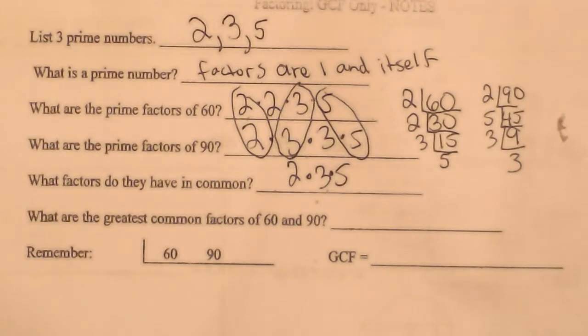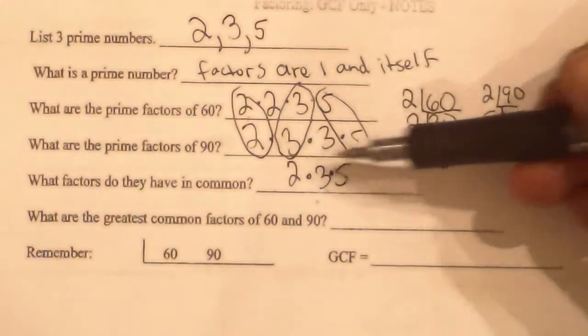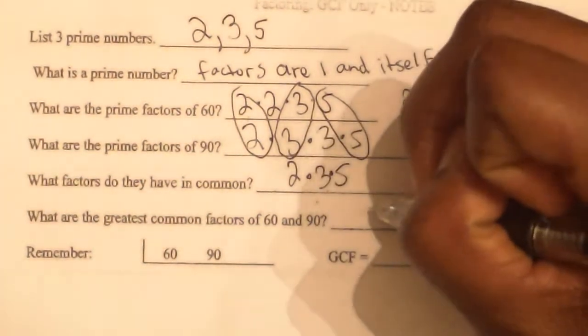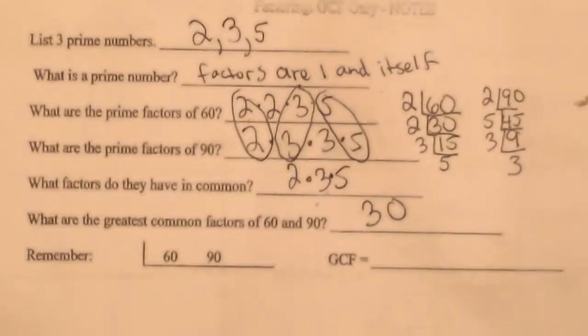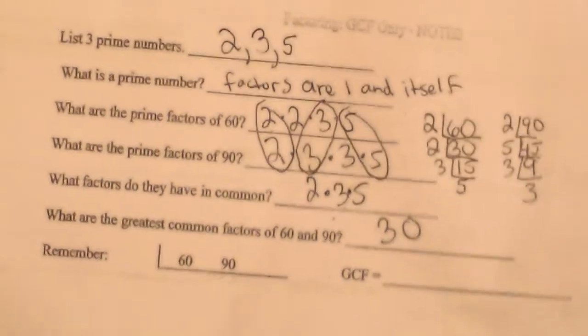And so the greatest common factor you get by multiplying all 3 numbers. 2 times 3 times 5, so that means 30 is the greatest common factor. The factor that we could pull out of 60 and 90, the greatest number is 30. Got it? So that's how we did it separately.